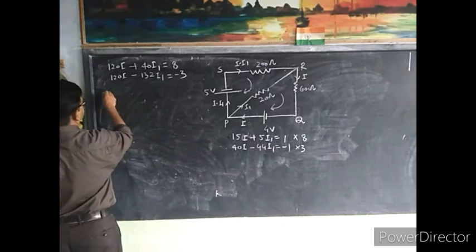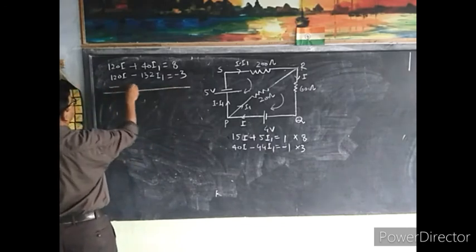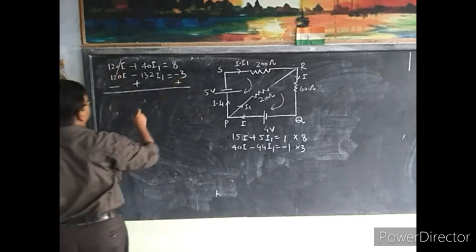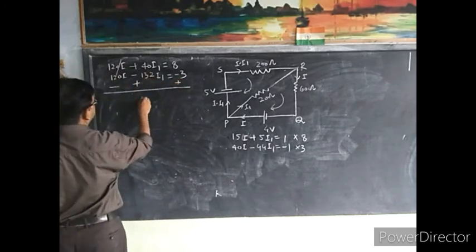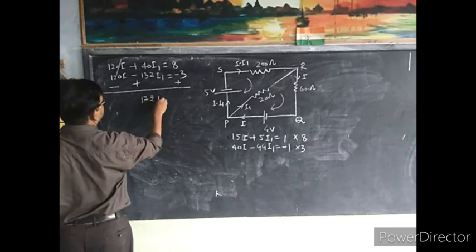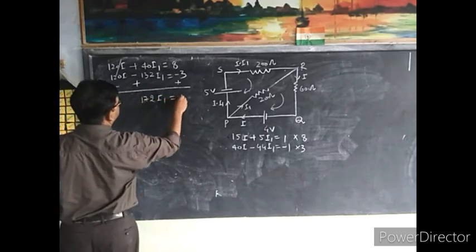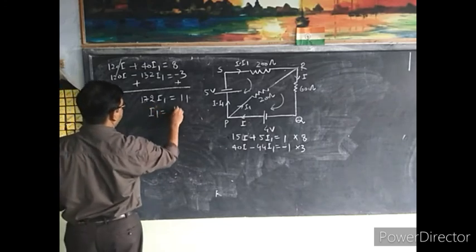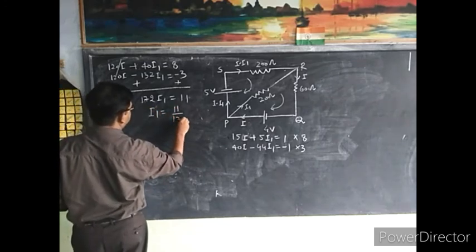Now change the sign, then I cancels, and it becomes 172 I1 is equal to 11, then I1 is equal to 11 upon 172.